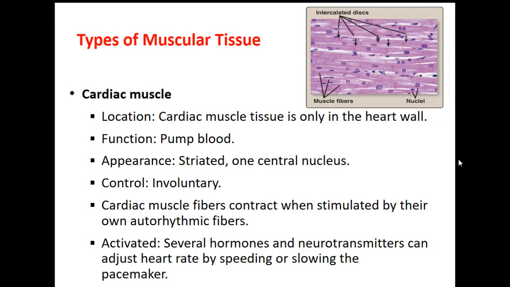Even if a heart is removed from a person, so it's no longer connected to the nervous system at all, it'll keep beating. But when it's in your body, your nervous system can speed it up or slow it down, and hormones can speed it up or slow it down.